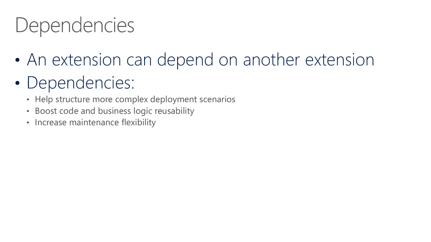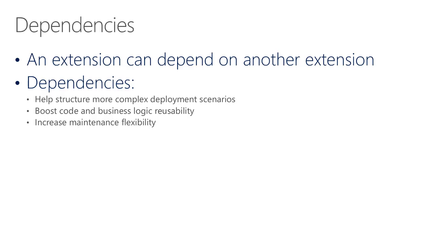At the same time, you could have an idea for a very complex set of functionalities that maybe is not very good for putting into one single app. In that case, you might structure it where you would have a base app with a number of additional apps built on top of that. You can accomplish that by creating a dependency between apps.